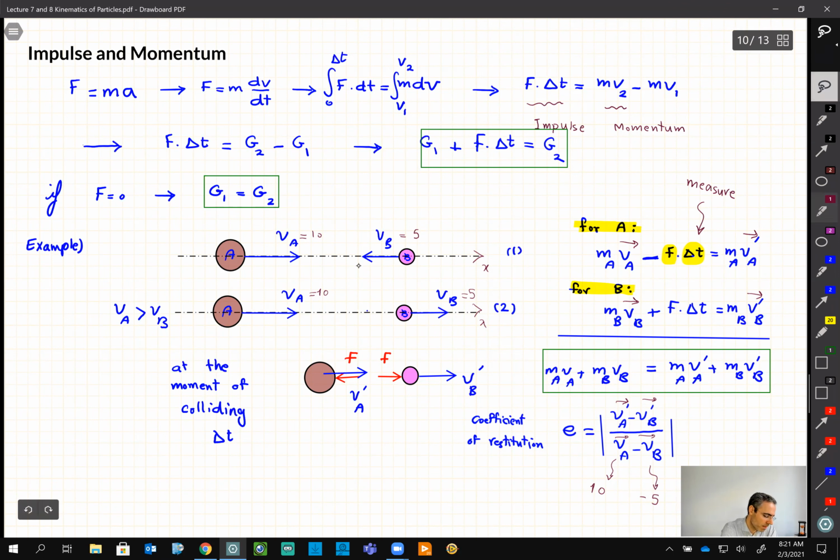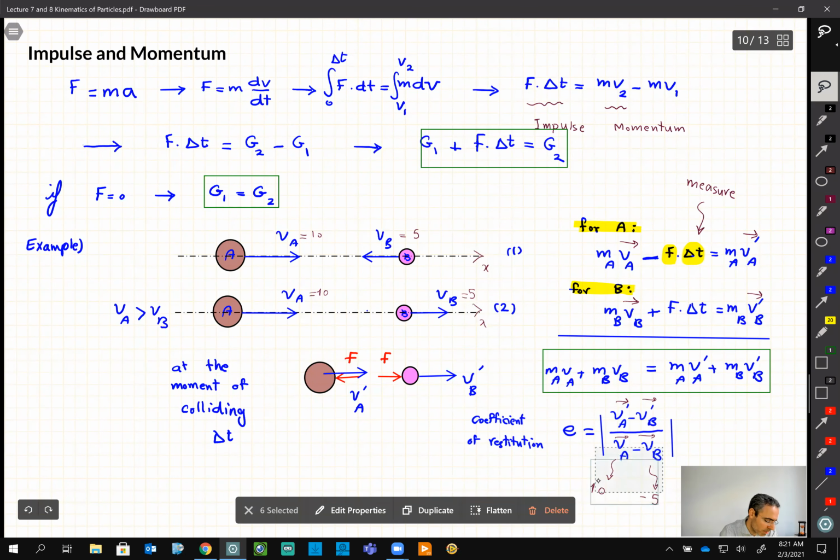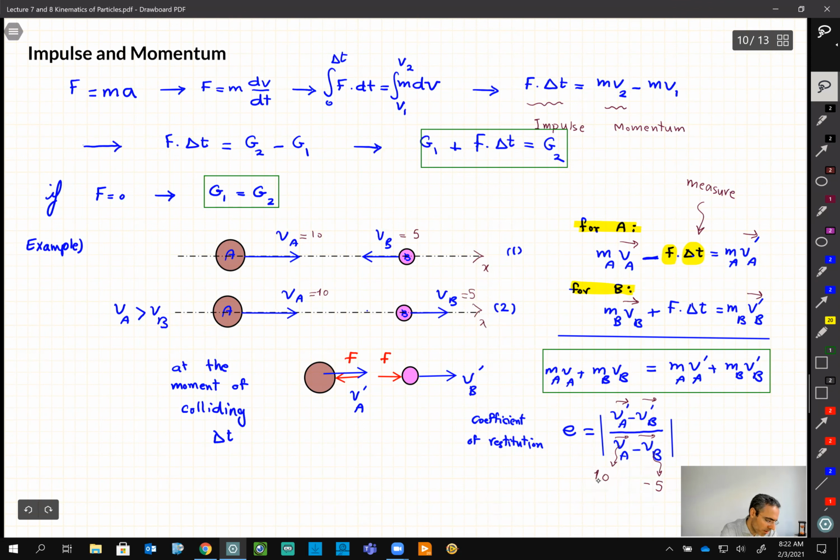Okay? I hope it's clear. Let me also write it down here, so later when you look at the notes, it's going to be 10 and -10. Maybe let's put it something like that. Case 1. And for case 2, it will be 10 and 5. Okay?